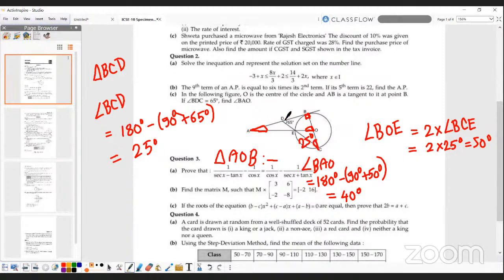I don't remember the property properly, but it was alternate interior. But for doing that, the lines should be parallel, right? There are some more things when we apply that. Yes sir. No such thing is mentioned in this question, so I suggest you don't go for that. For that, the lines should be parallel, and then you can write alternate interior angles. Okay, yes sir. Here you can't apply that.